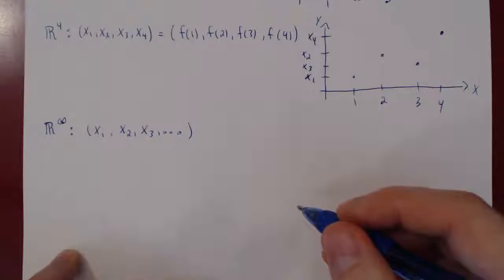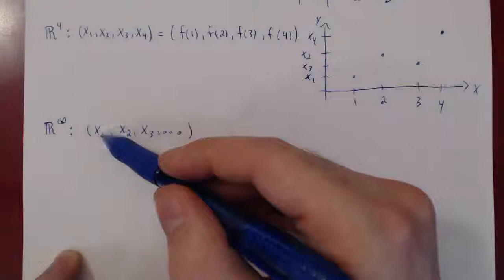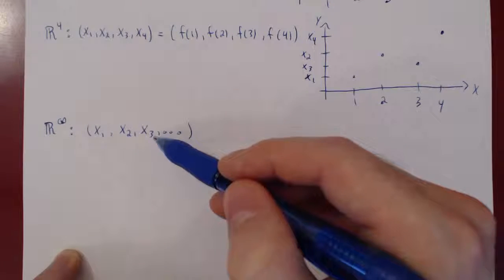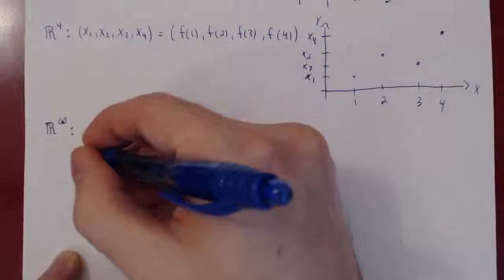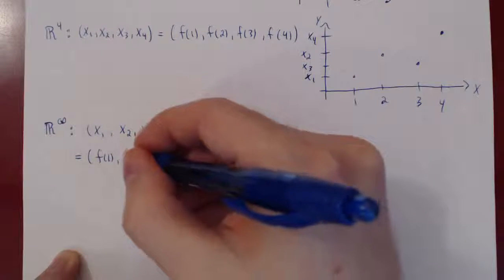And once again here we have an assignment of values, but an infinite assignment of values. To 1 we assign x1, to 2 we assign x2, to 3 we assign x3, to 4 we assign x4, and so on. And so we now have a function defined on all positive integers.